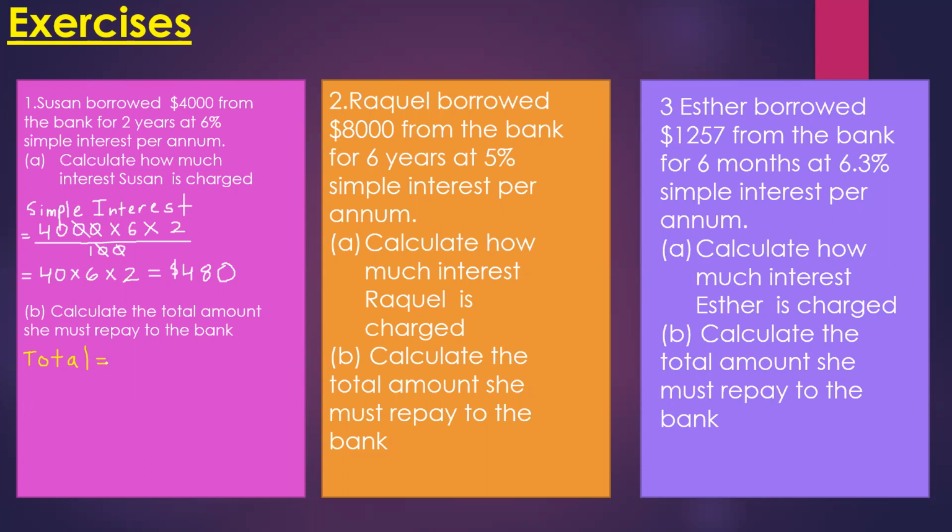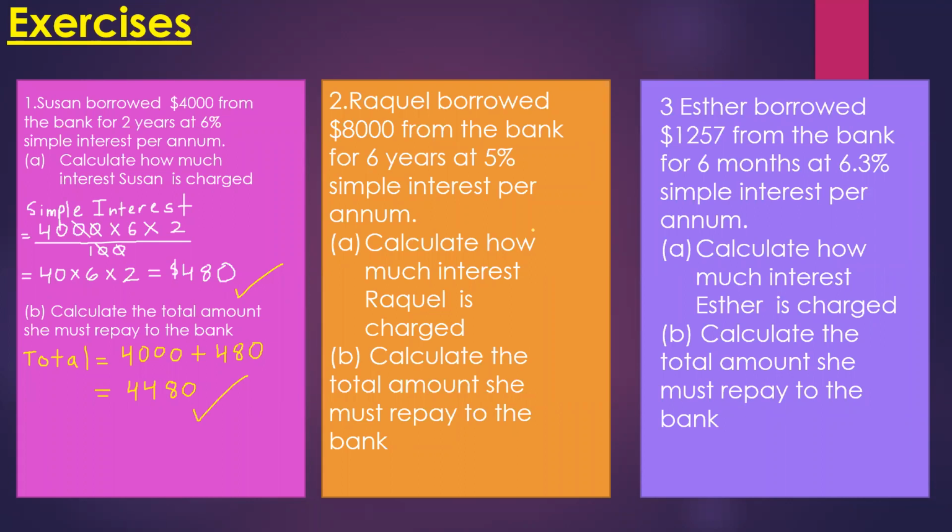So the total amount he must repay is 4,000 plus the 480, which gives us 4,480. Anyone else got that? 4,480 for number 1B. Yes, sir. That's good.